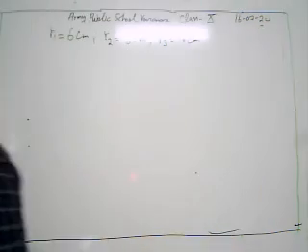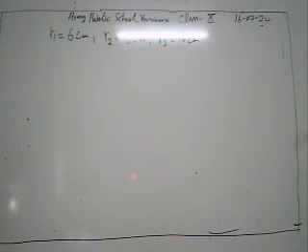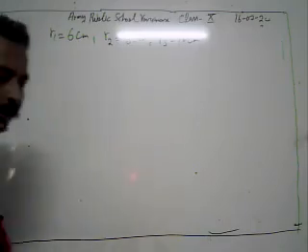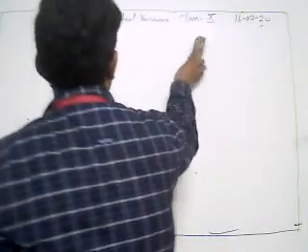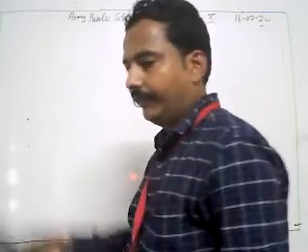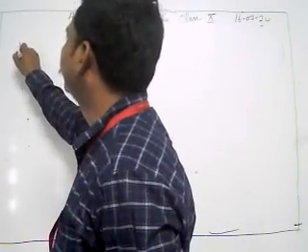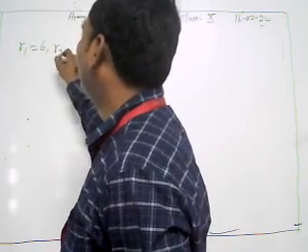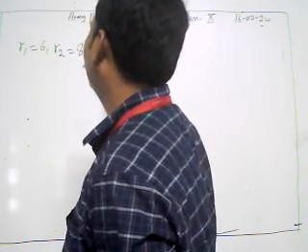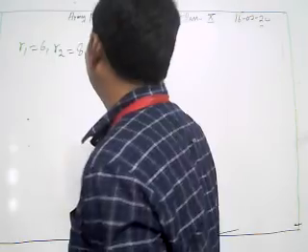We have three radii: r1 is equal to 6, r2 is equal to 8, and r3 is equal to 10 centimeter.